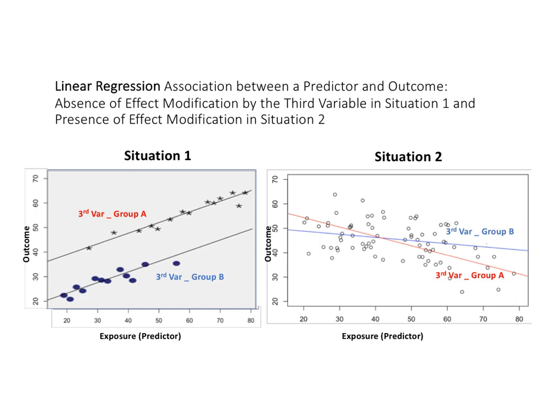The effect modifier variable in this example is the third variable.